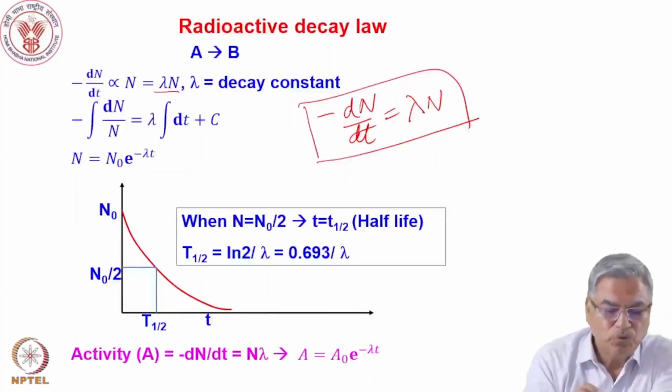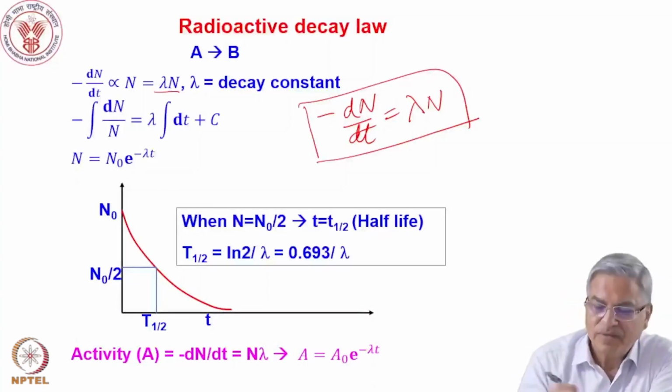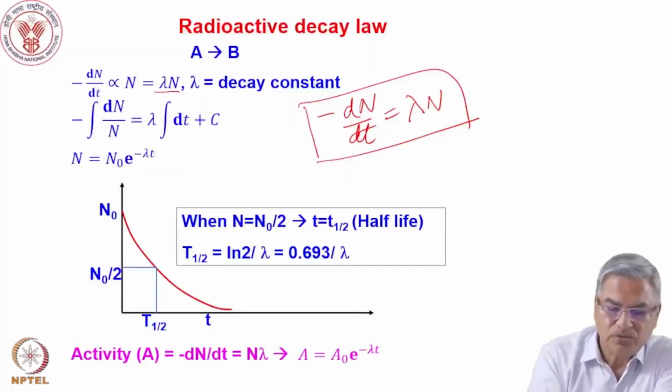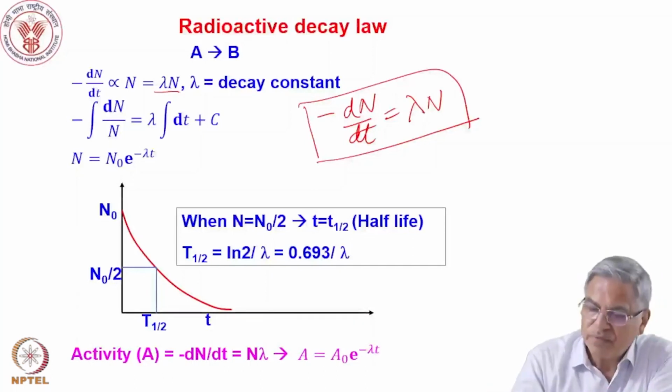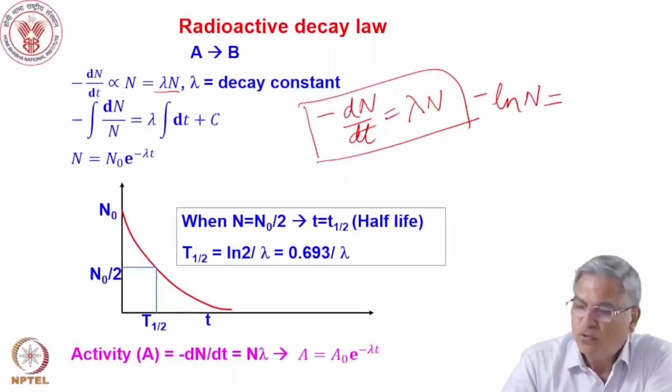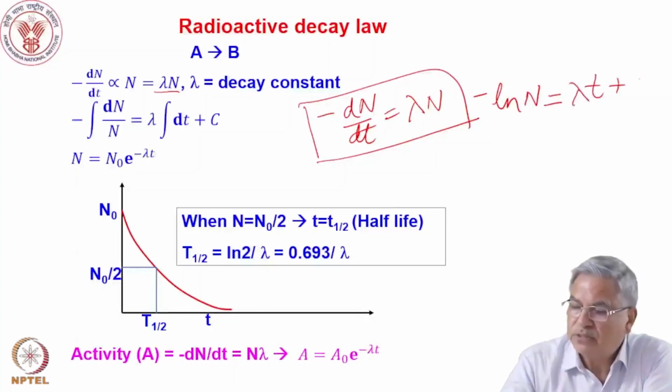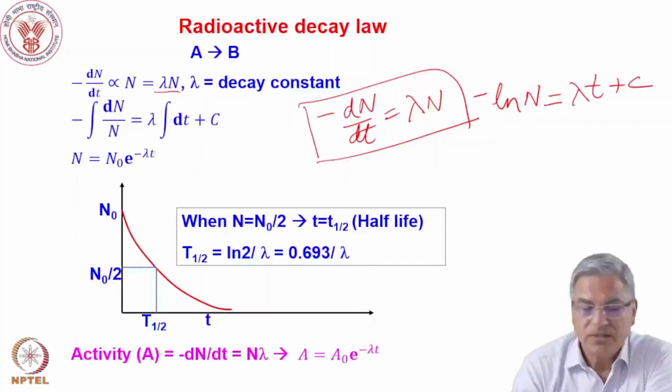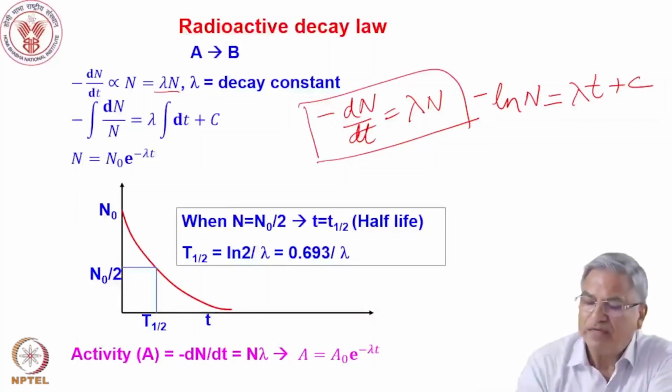The solution of this becomes minus ln N equal to lambda t plus c. Now how do you find c?